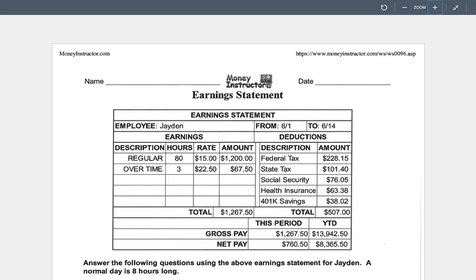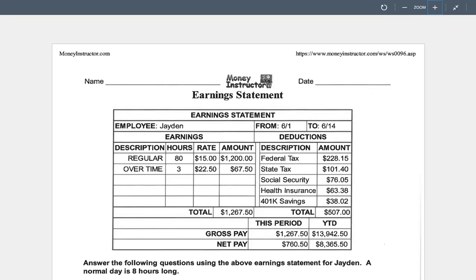Okay. So he worked full time both of those weeks, 40 hours and 40 hours, because 40 plus 40 equals 80. Makes sense? 40 plus 40 equals 80. So he worked his full time hours both the first week, 6/1 to 6/7, and the second week, 6/8 to 6/14.